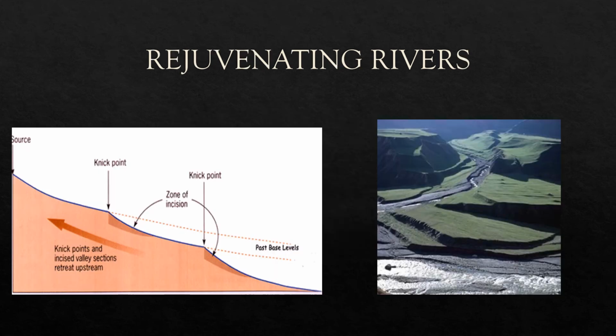The next one is if there is rejuvenation of the river. It means that by any chance there is a fall in the sea level. How can the sea level fall? If there is ice deposition, ice formation in the ocean, or by some tectonic activities, we may observe a fall in the sea level.